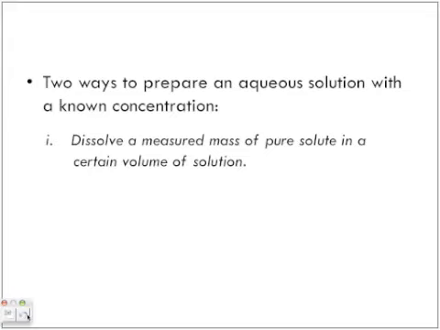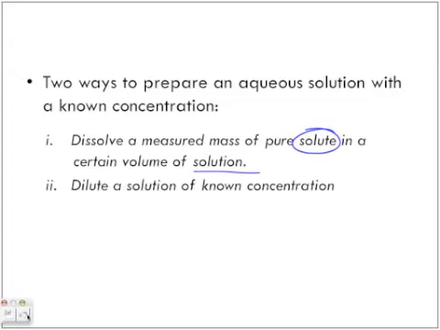One is to dissolve a measured mass of pure solute in a certain volume of solution. Remember, the solute is what gets dissolved in a solvent to form the solution. The other is to dilute a solution of known concentration by adding material to weaken it to the desired concentration that we want.